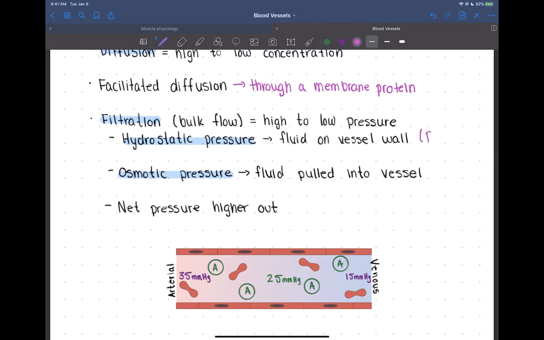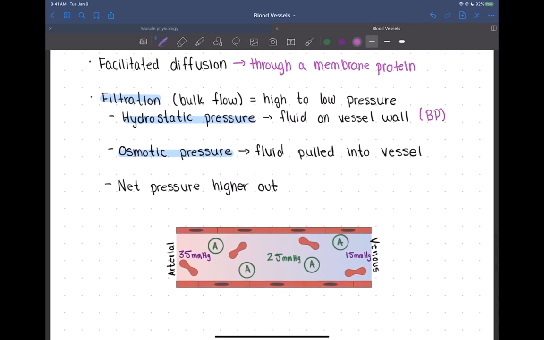Essentially, this is blood pressure. All right, so just pushing out on the walls of the blood vessel. Okay, and so that's hydrostatic pressure. And remember, that decreases as we go from arterial to venule. And so that is going to be pushing fluid out, right?